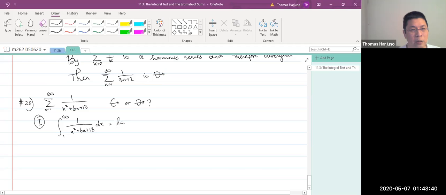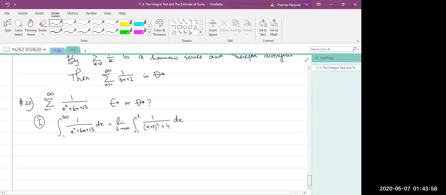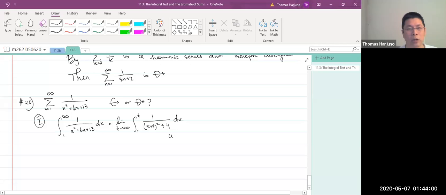That's limit t goes to infinity, integral from 1 to t of, let me complete the square at the same time, 1 over (x plus 3) squared plus 4 dx. Is that right? That's what I got. Good. So I do substitution, u equals x plus 3.